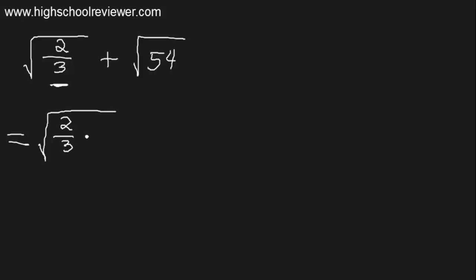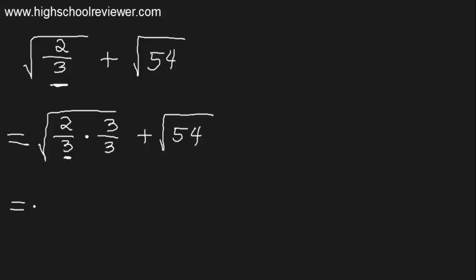We will multiply this by a fraction where the numerator is the same as the denominator, so that is 3, and the denominator is also 3, plus the square root of 54. So we will not touch the square root of 54 first.